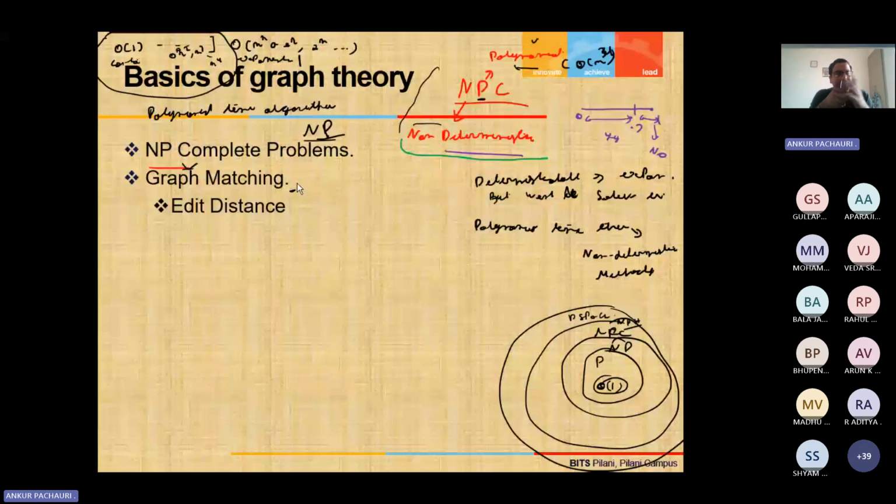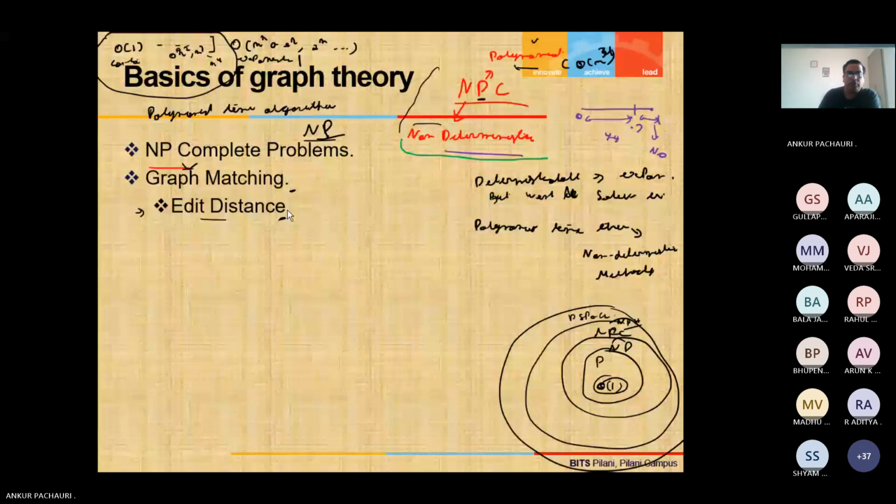Its relaxed version is graph similarity: to what extent those two graphs are similar to each other. There is one word we will use very frequently, called edit distance. What does edit distance mean? It is used in a relaxed version of the graph isomorphism problem.